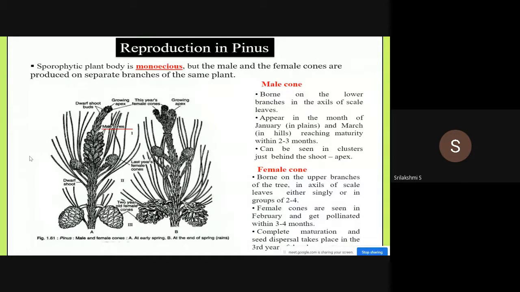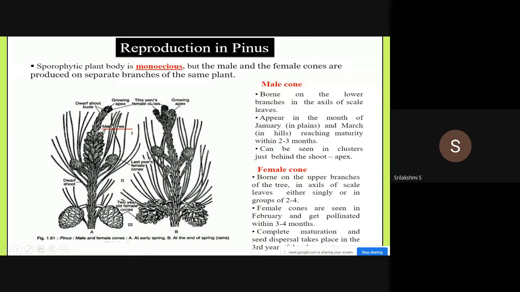Male cones and female cones will be separate. Unlike the previous form Cycas, which was dioecious, with male and female plants separate, in Pinus both the reproductive structures are found on the same plant. Only thing is the cones are different.